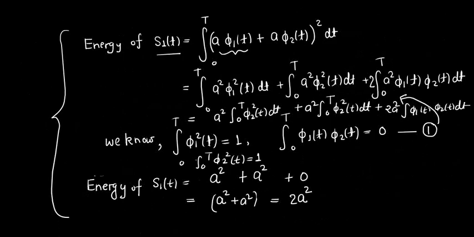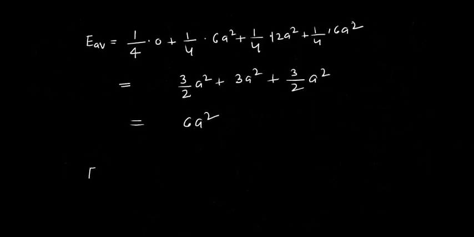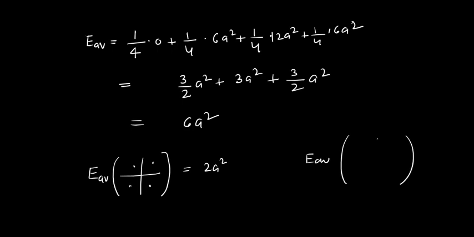So the average energy of the first constellation, which was something like this, was equal to 2a square, and the average energy of the constellation which looked like this is 6a square. So which of these constellations is more energy efficient? The first one.